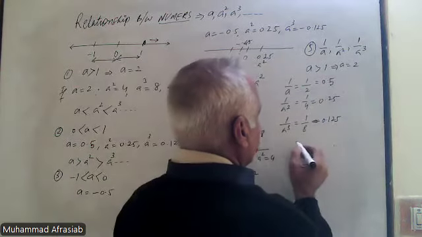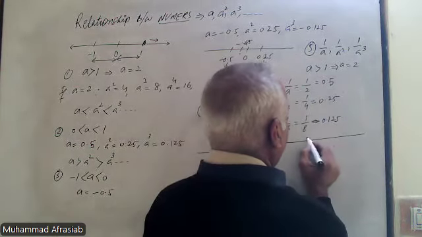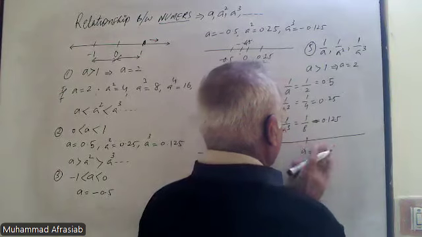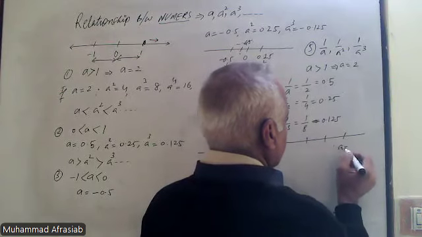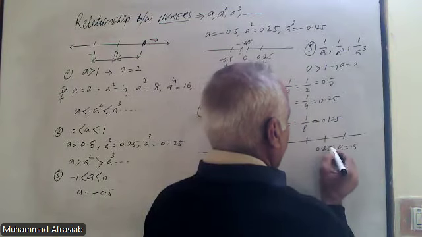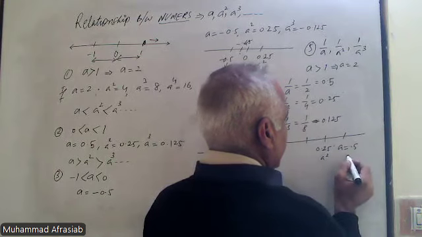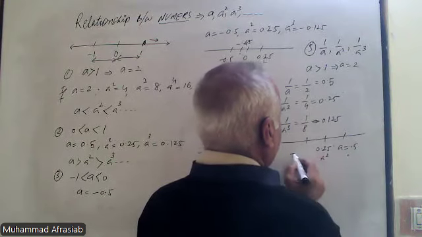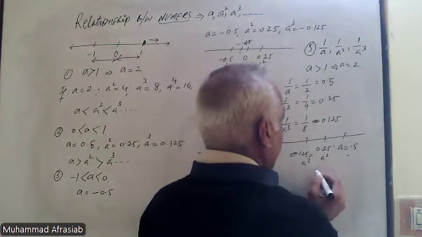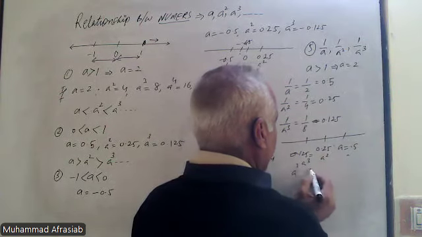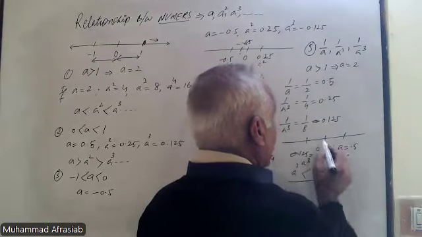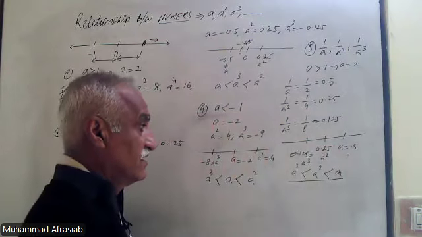So you have seen that this is the value of 1 over a, which is 0.5, then 1 over a square, that is 0.25, and the value of 1 over a cube is 0.125. So you have seen that 1 over a cube is less than 1 over a square, is less than 1 over a, when it is in the form of the reciprocal of this category.